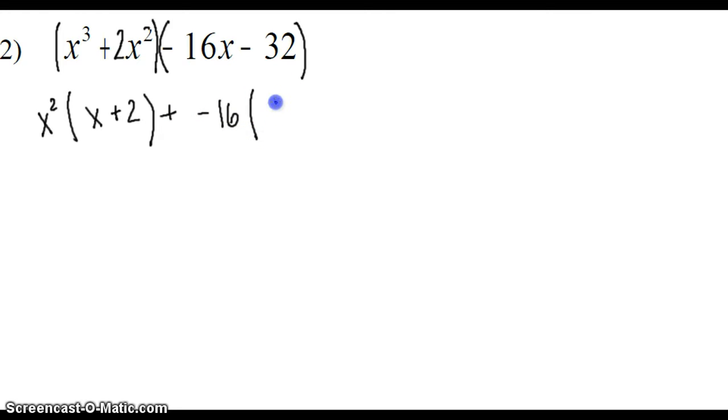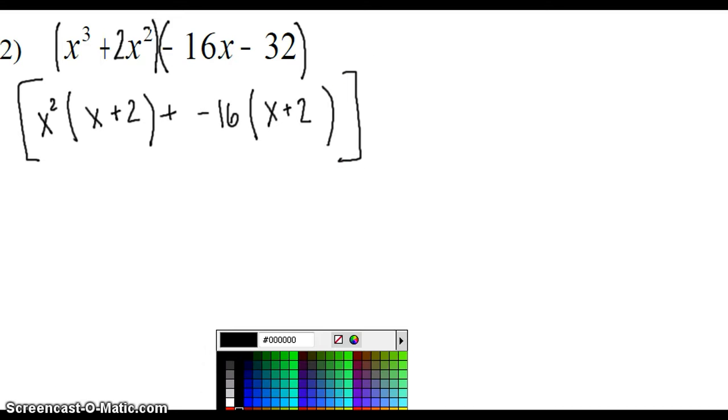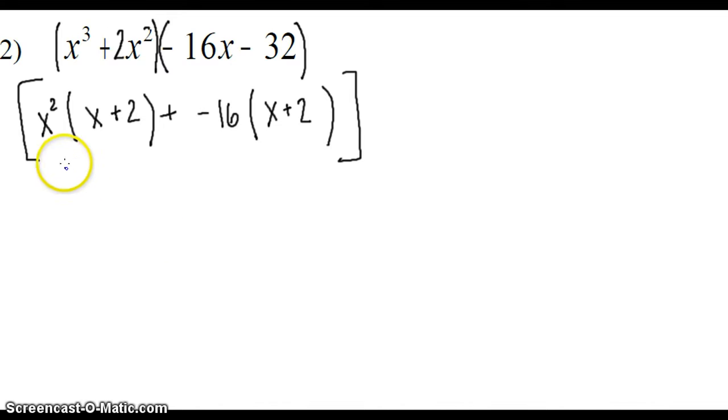I am then left with x plus 2, which means that I'm allowed to factor by grouping because these two terms match. So essentially I have one big binomial here, and with this binomial, essentially here's one of my terms of the binomial, and then here's the other term of the binomial.